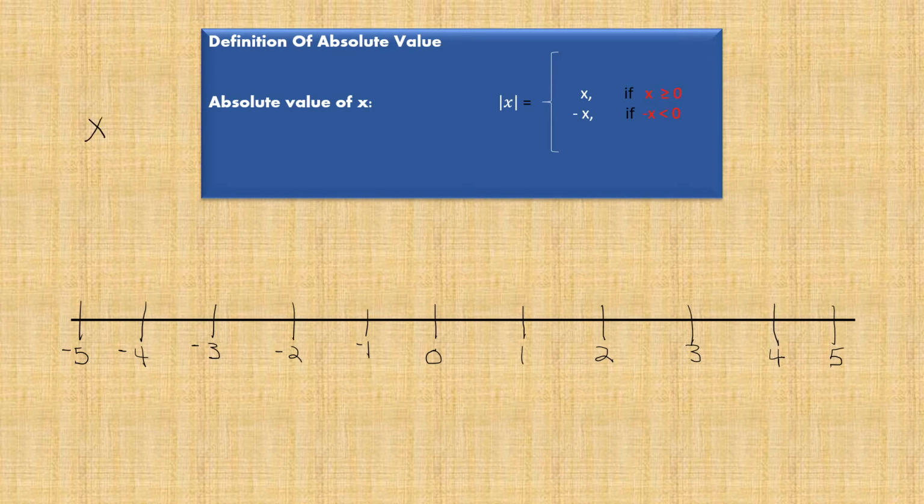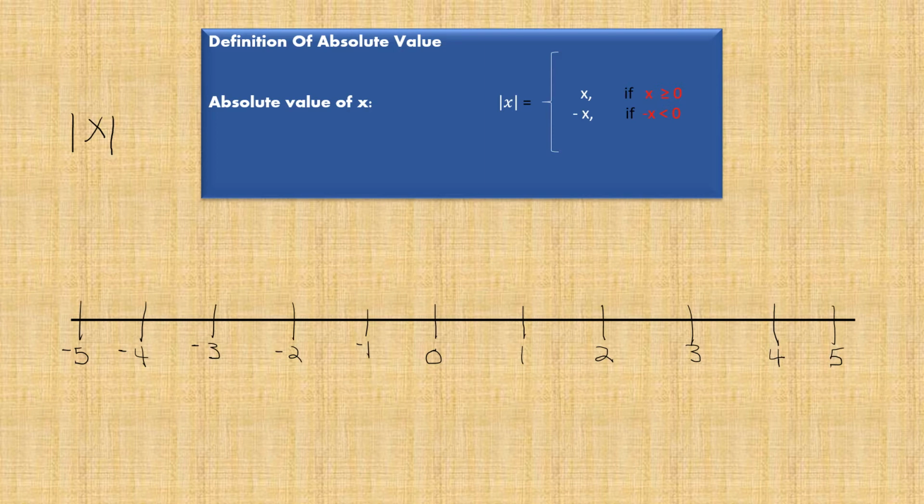That represents the number X. But the absolute value is written like this. This is how you represent an absolute value: two bars on the side.